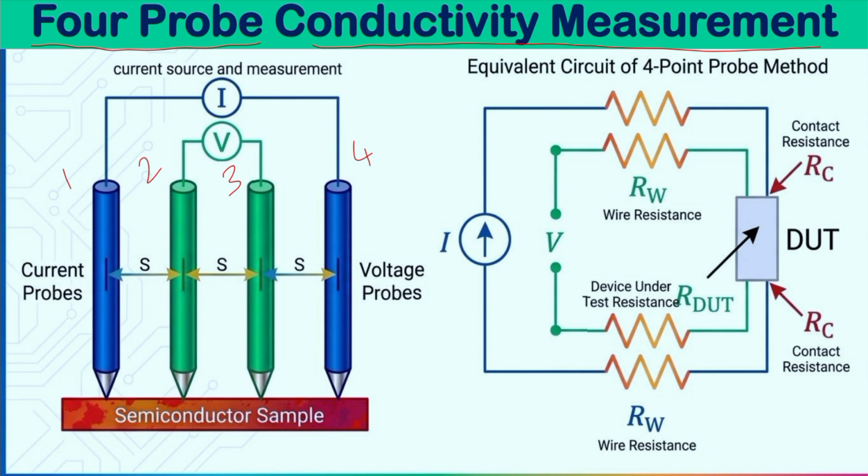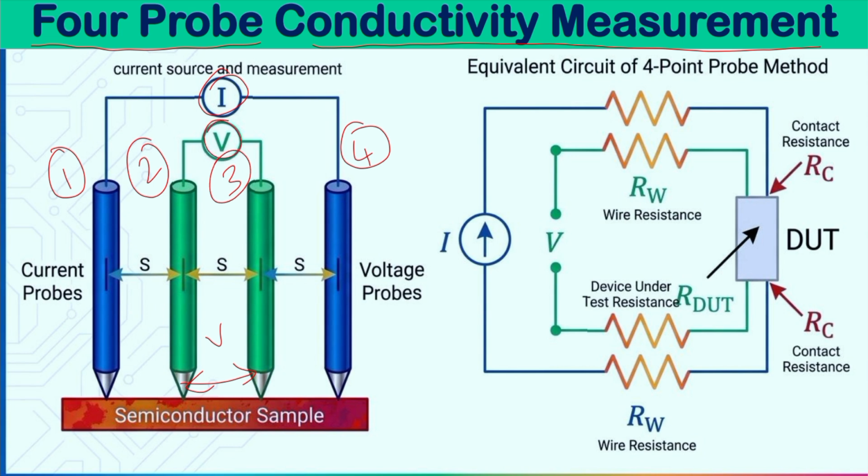The outer probes, that is probe 1 and 4, will be sending the current using the ammeter. And we will measure the voltage drop, or voltage, across the inner probes, that is probe 2 and 3, using the voltmeter.